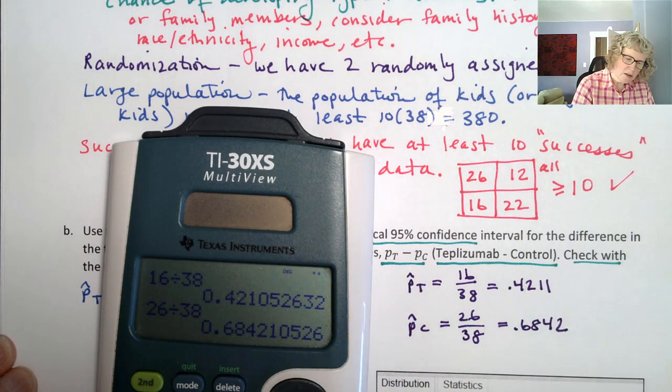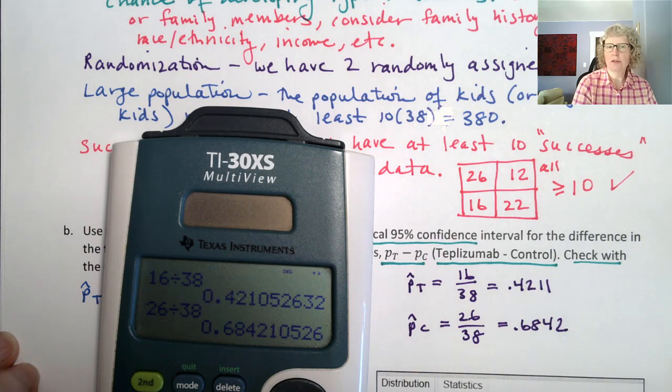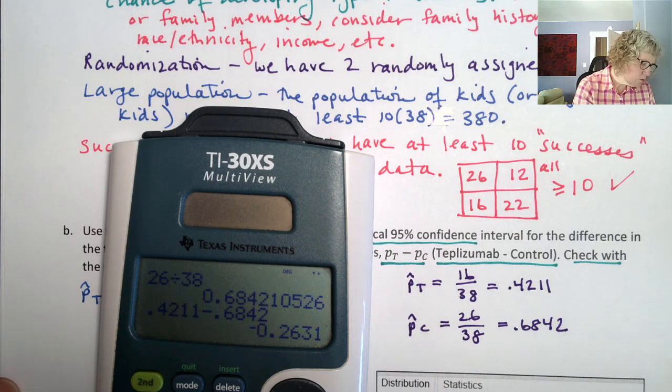And then let me go ahead and subtract those two. At this point, it's okay either way to either do the entire subtraction like I showed you before, or to subtract these two decimals. There's going to be a little bit of leeway for decimal places. So 0.4211 minus 0.6842.